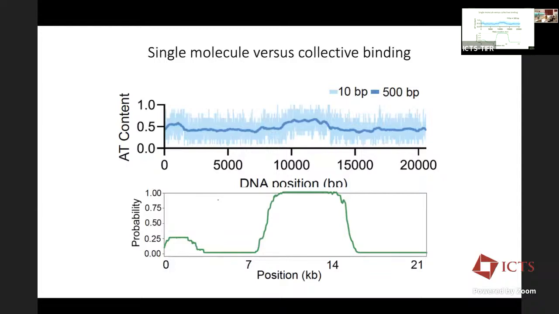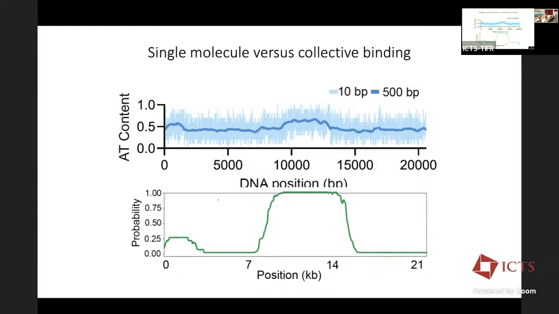There is something interesting that happens: proteins are binding at a single molecule level, right? So each protein is seeing only 10 base pairs. But because of this collective behavior, the way they search a particular part of the DNA is not through individually strong sequences. Because in a single molecule picture, if a protein comes, it will tend to bind more often to these high affinity regions.